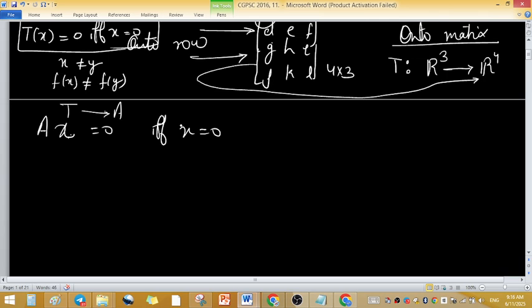So how can we easily tell a matrix representation is 1-1?